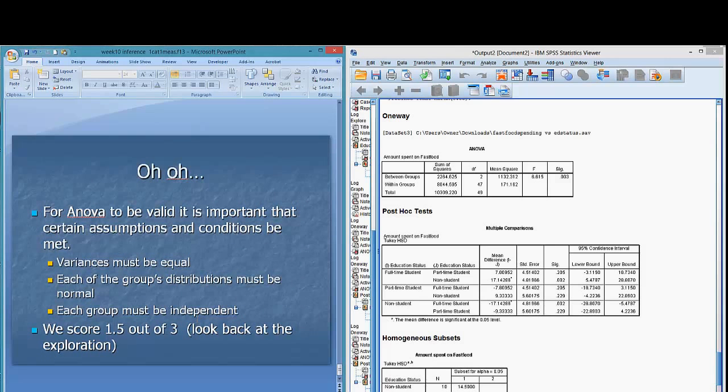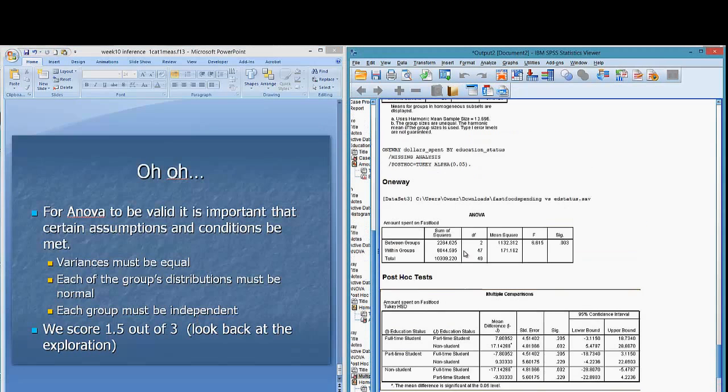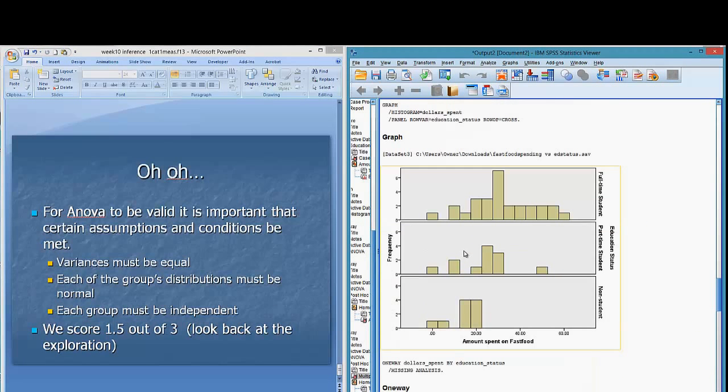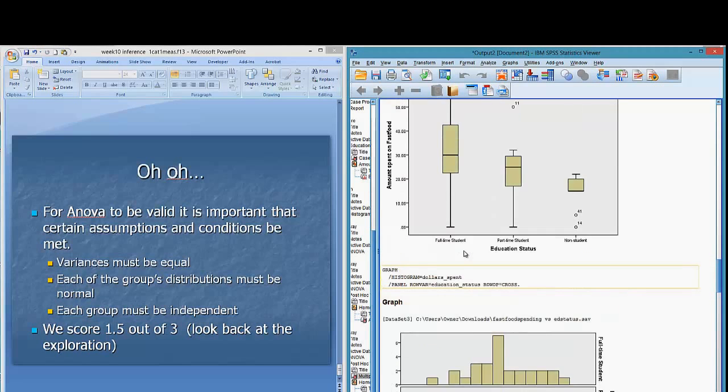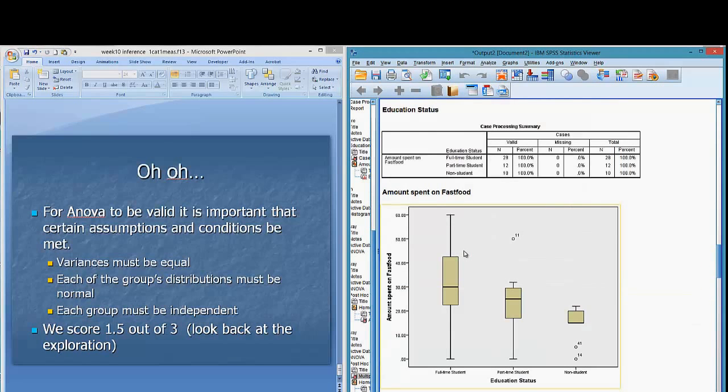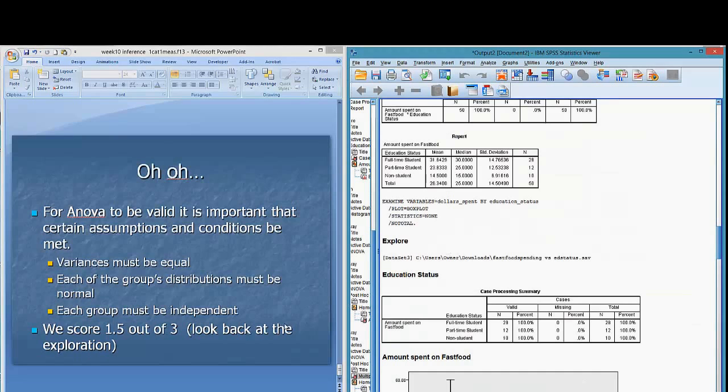Very important. If we go back to the right side of the screen here, I want you to take a look. One of the assumptions that we're looking at is that the variances, the standard deviations, for each of the groups must be equal. So the standard deviations here are 14.8, 12.5, and 6.9. So we see we don't have equal standard deviations or variances.